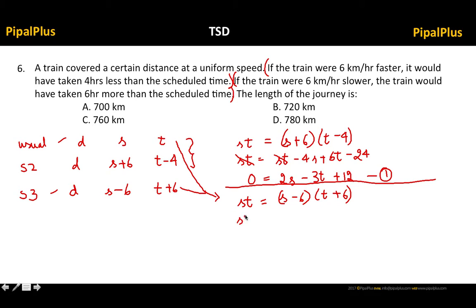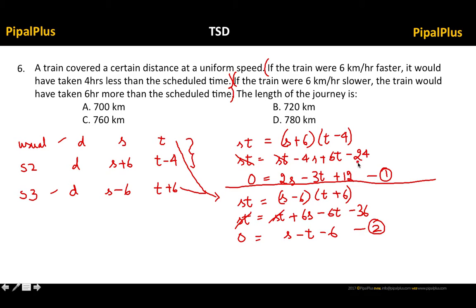So again st equals, let's open these brackets up, s multiplied by t plus 6, I get st plus 6s, and minus 6 multiplied by t plus 6, I get minus 6t minus 36, right? Again st and st cancel, and this time I can divide the whole equation by 6 to get s minus t minus 6 equals 0, right?